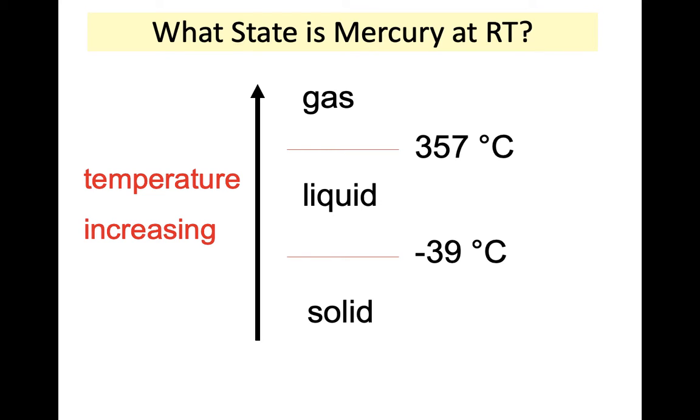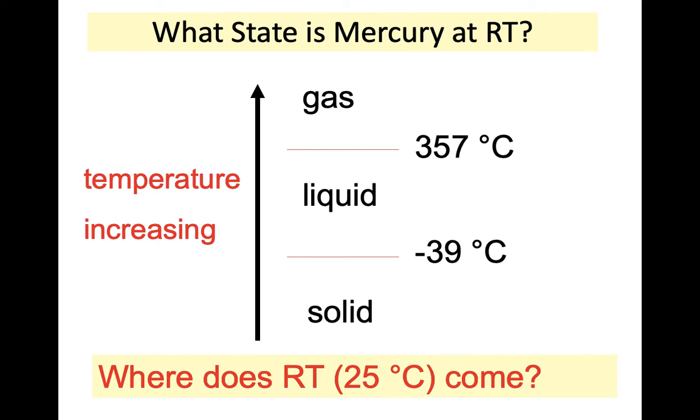So where does 25 degrees fit in? Well, it fits in, thank you slideshow, slap bang in the middle. It fits somewhere in between minus 39 and 357. And that means that mercury is a liquid at room temperature.